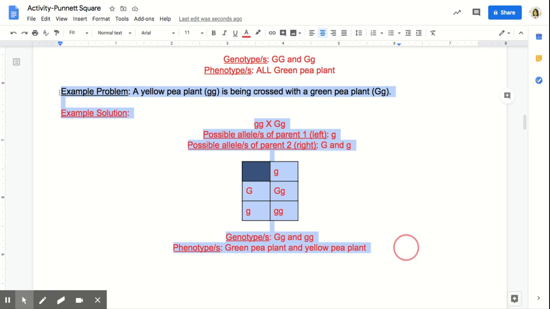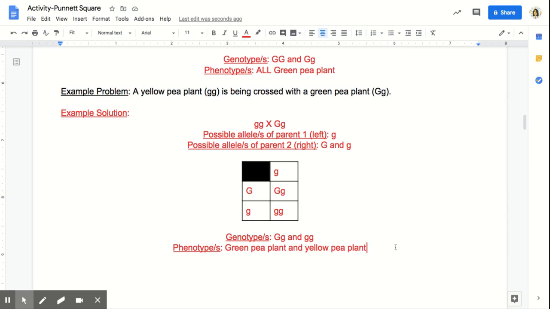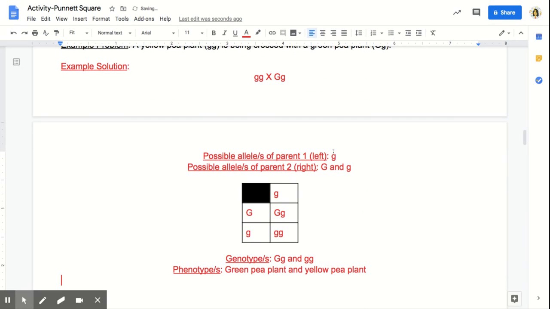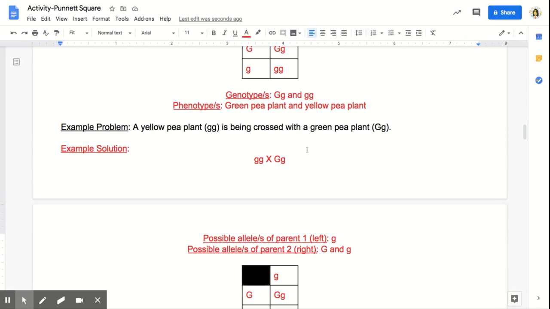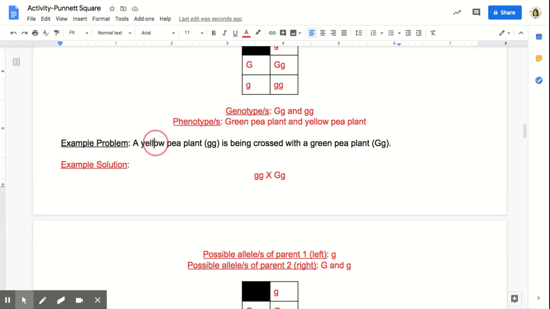This one is the most complicated, I think, the longest problem you're gonna encounter, for two traits or one trait only. So what if you're crossing a green pea plant, which is heterozygous, and another green pea plant, which is also heterozygous?